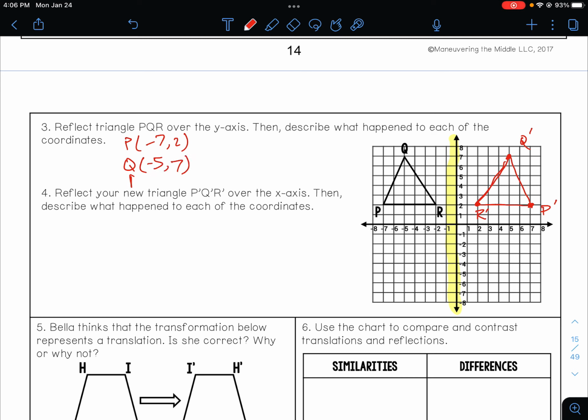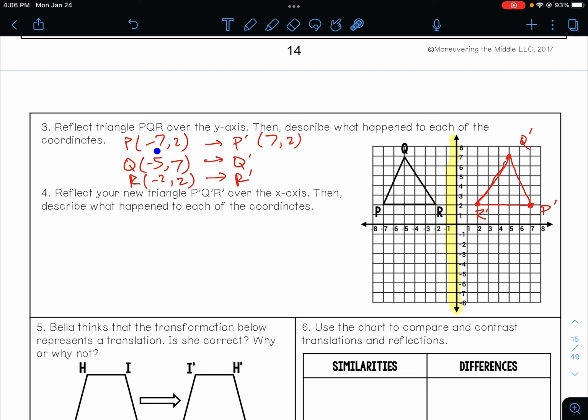And what happens to P prime, Q prime, or R prime? When we reflect over the y-axis, the y's stay the same, but the x flips. So P prime is right 7, up 2. So 7, 2. Looks like the x flips, right? So -5 should turn into +5, 7. And then -2 turns to +2. And the y stays the same.